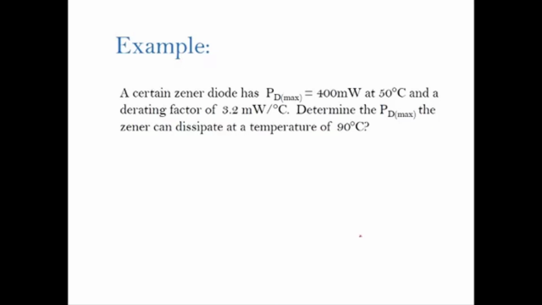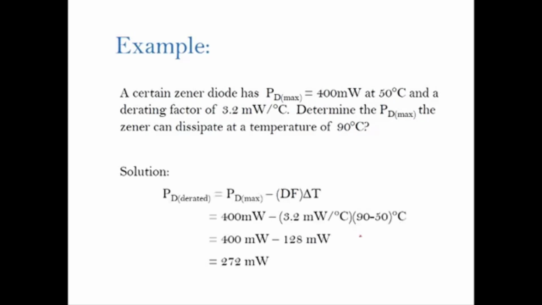For example, a certain Zener diode has PD max equal to 400 milliwatt at 50 degrees Celsius and a derating factor of 3.2 milliwatt per degree Celsius. Determine the PD max the Zener can dissipate at a temperature of 90. Okay, the solution is using the previous slide equation.